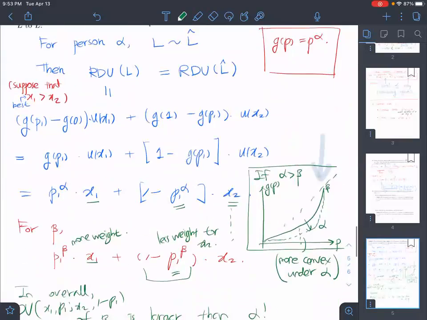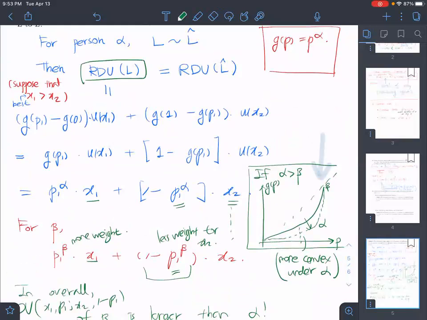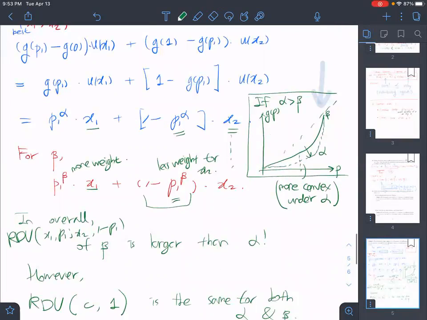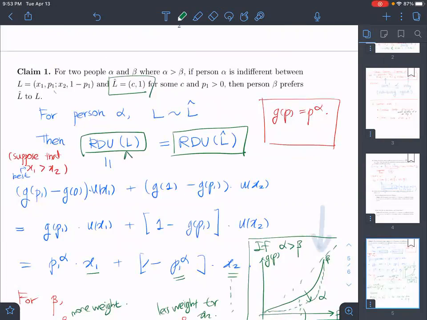So for the guy alpha, he was indifferent between RDU of L and RDU of L hat. However, for the guy beta, you can see that this number has increased. If I compare RDU for alpha and RDU for beta, this number was larger.